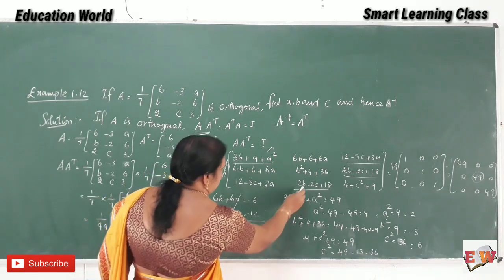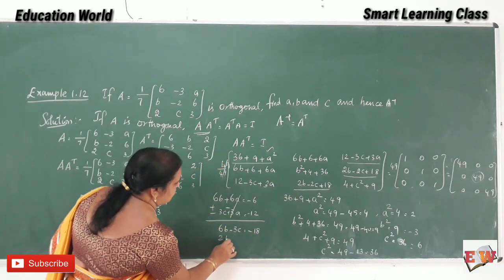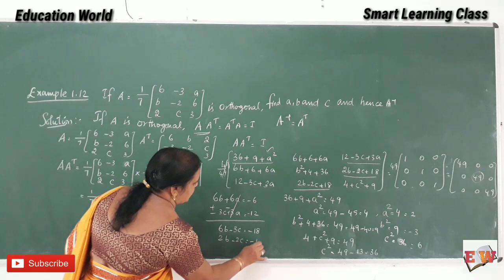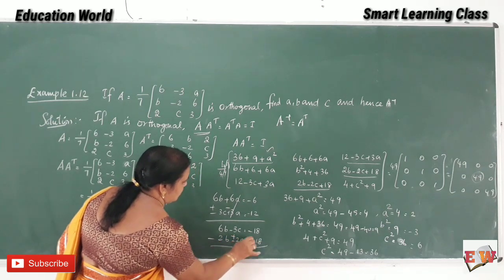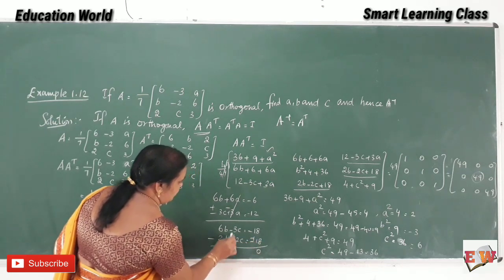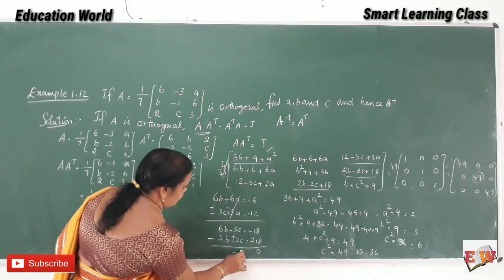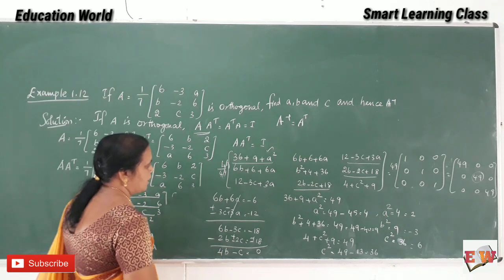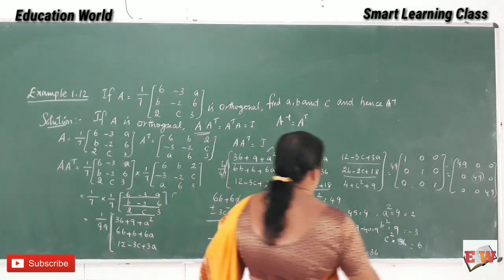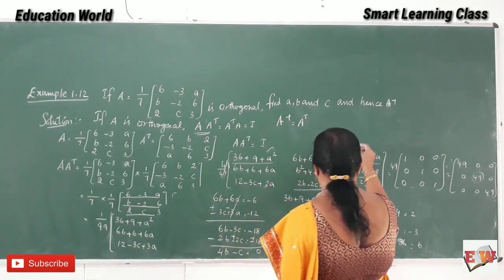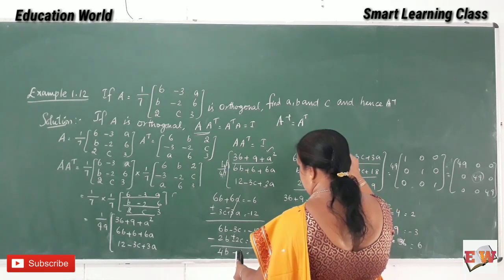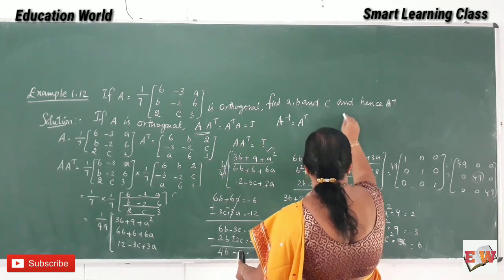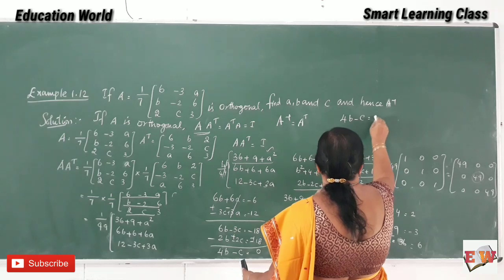One more thing, you see here 2b minus 2c is equal to minus 18. It will be 0. Here minus c. 4b minus c is equal to 0.